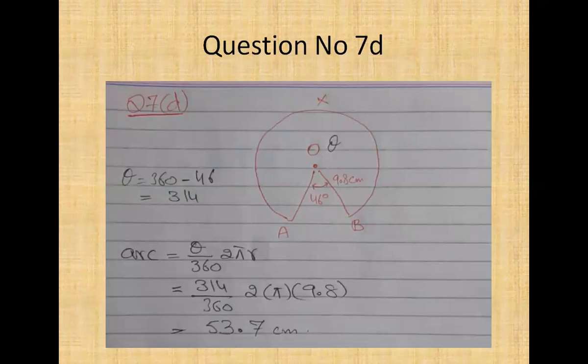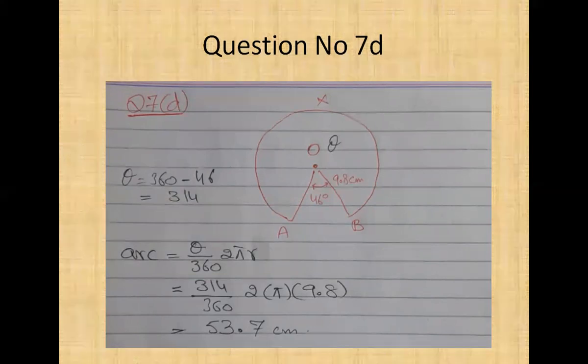So the angle subtended by the arc at the center will be 360 minus 46, which is 314 degrees. For the arc length, the formula is theta divided by 360 multiplied by 2 pi r. Theta is 314 and the radius is 9.8.